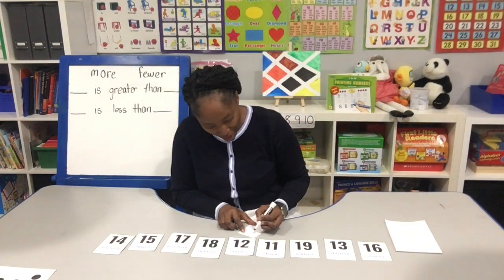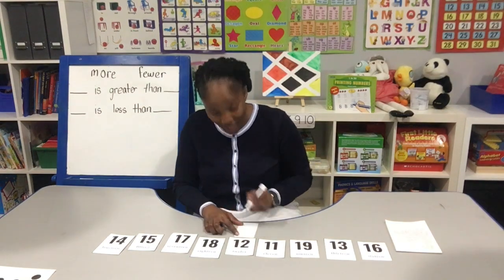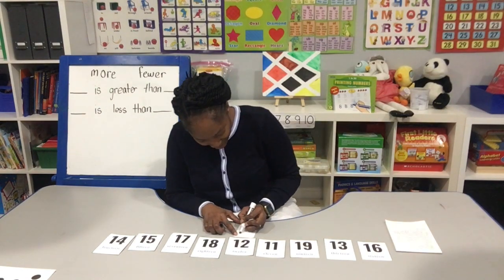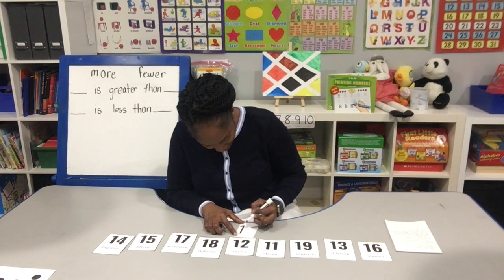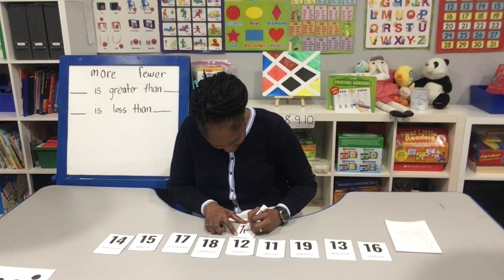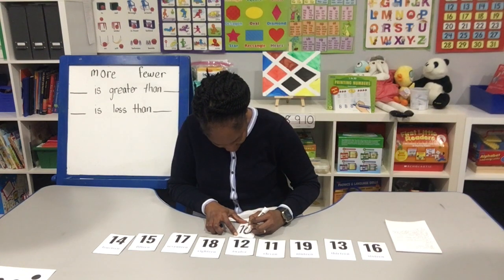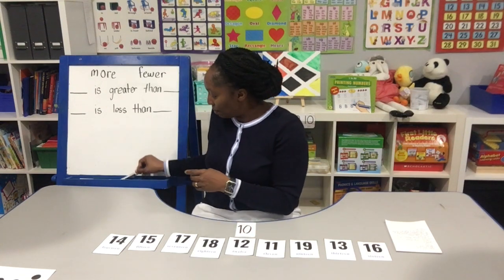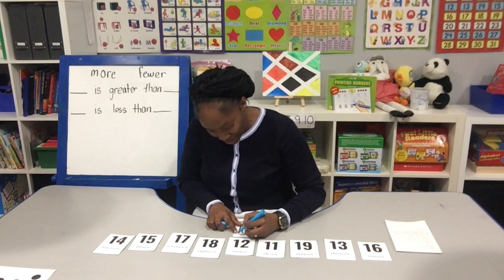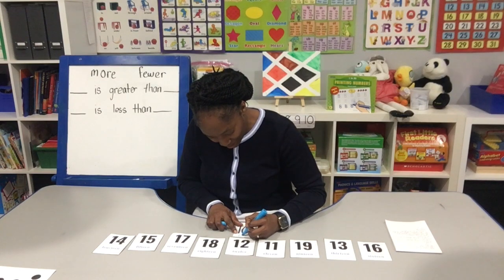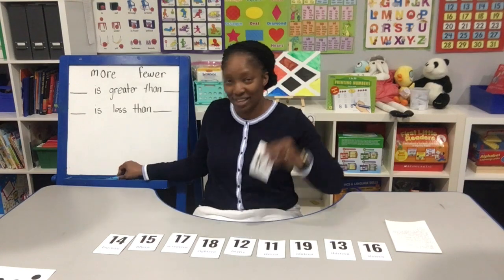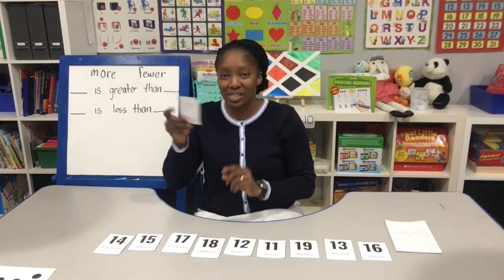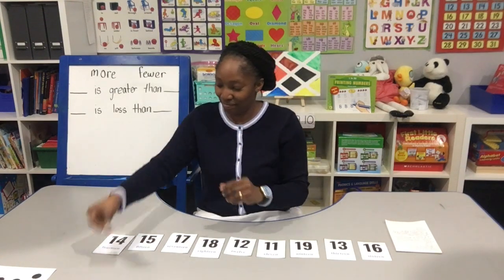So I can write 1, and I'm going to write it this way so you can see 1 and 0 makes 10. And I can write the number word on the bottom. T-E-N. 10. There we go. So my first number is the number 10.